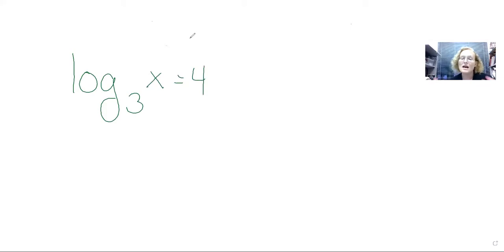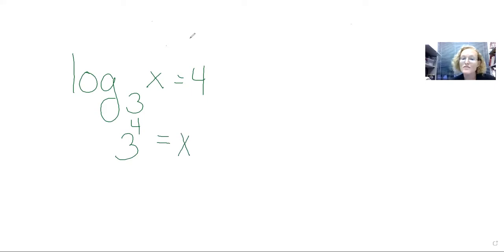That already is an equation, or a number sentence, because you have something on the left and something on the right. The only thing that we really know so far is how to switch it around, so I'm going to make this log look like an exponent. We start with our base, 3 raised to the 4th power equals x.